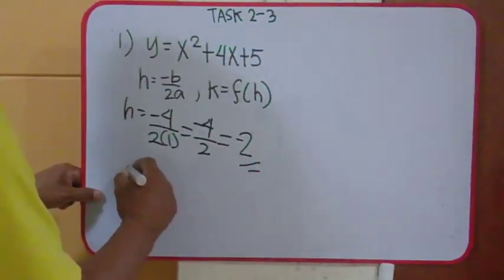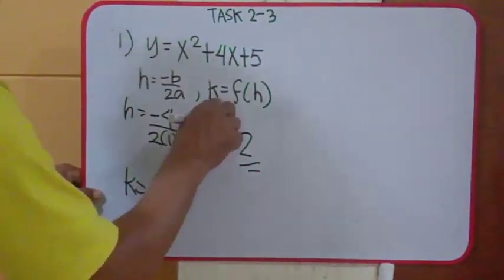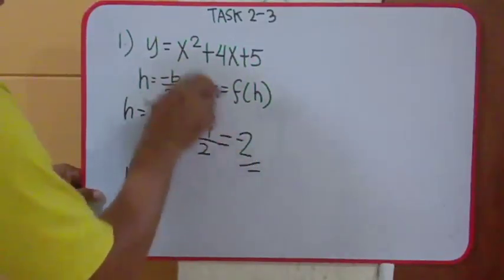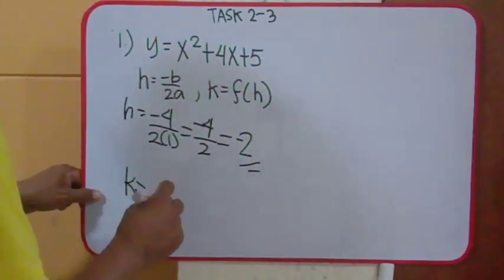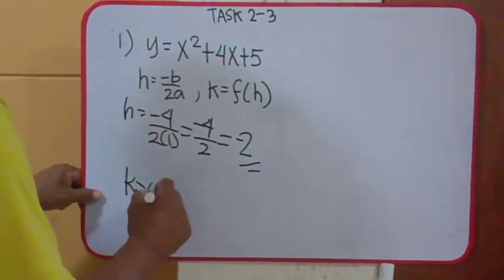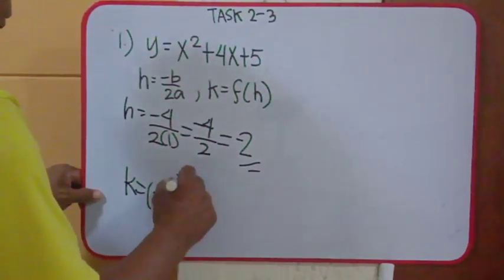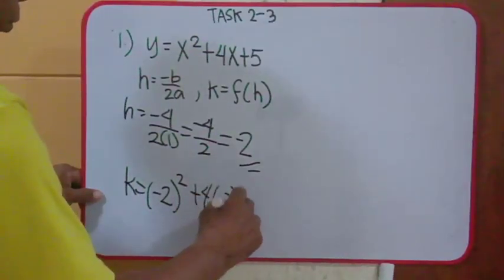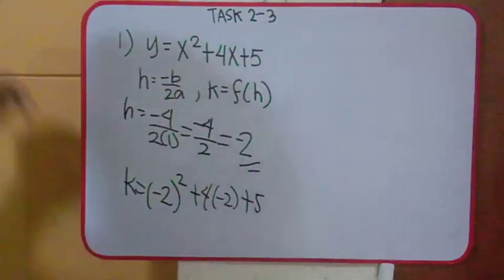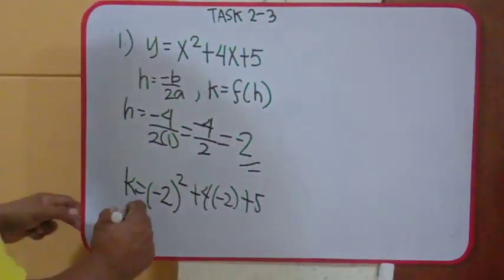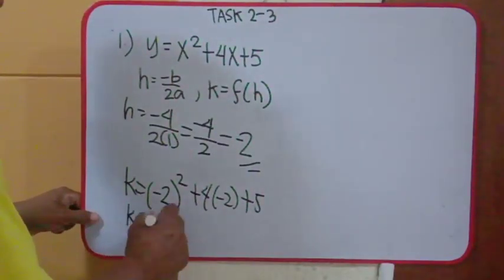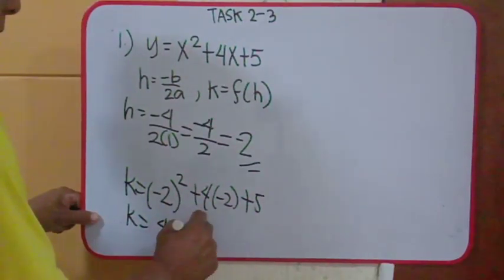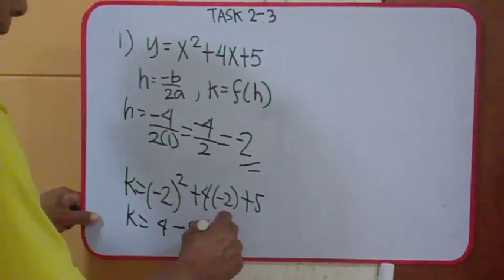How about k? f of h. So, substitute natin yung value ng h doon sa x na function ng y. So, we have negative 2 squared plus 4 times negative 2 plus 5.